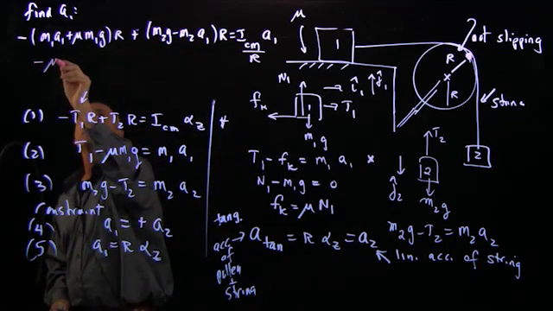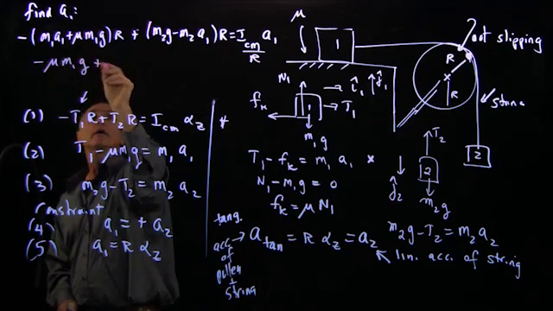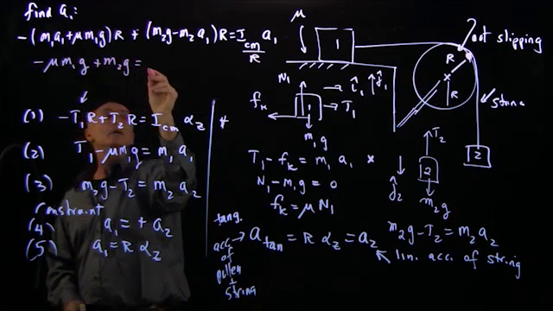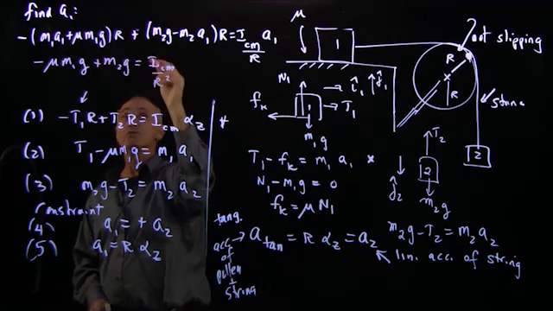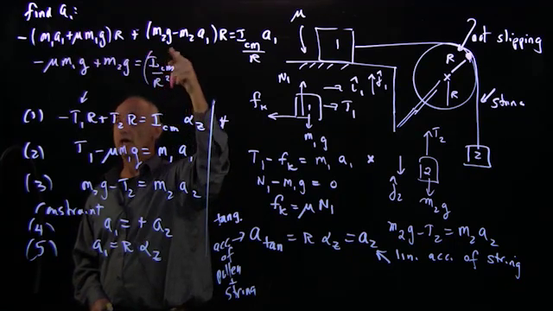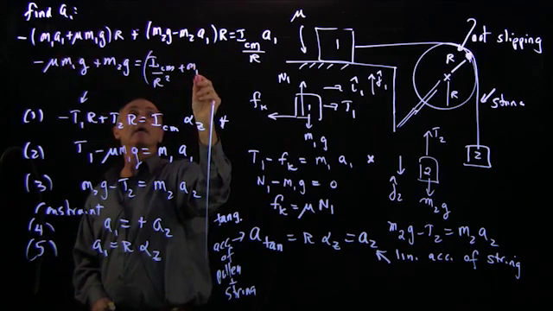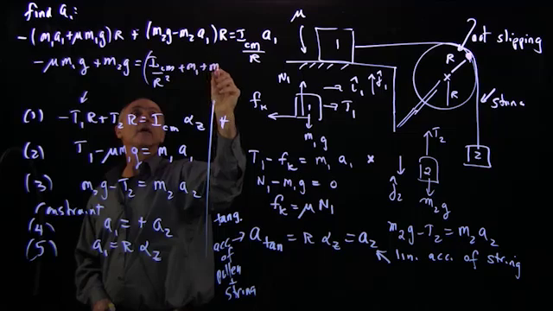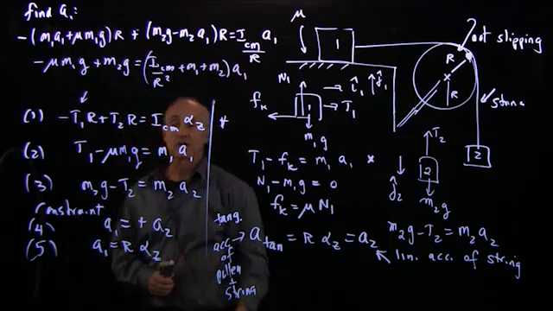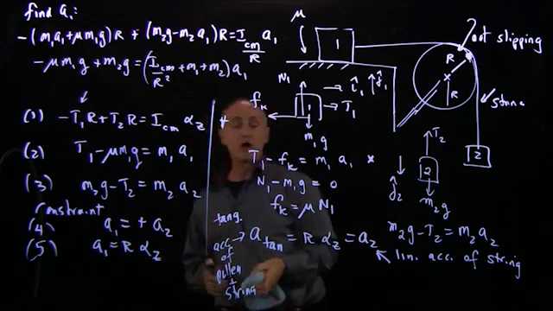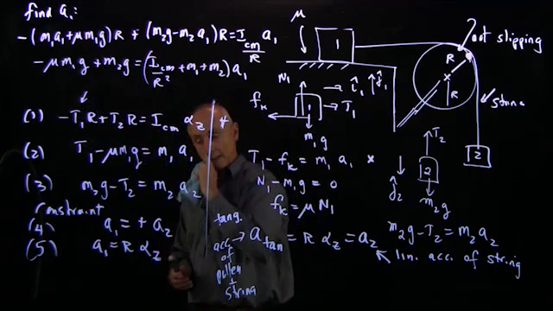And I'm left with minus mu m1g plus m2g equals ICM over r squared, that has the dimensions of mass, because moment of inertia, m r squared divided by r squared, plus m1 a1 plus m2 a1. And finally, as a conclusion, I now can solve for the acceleration of my system in terms of all of these quantities.